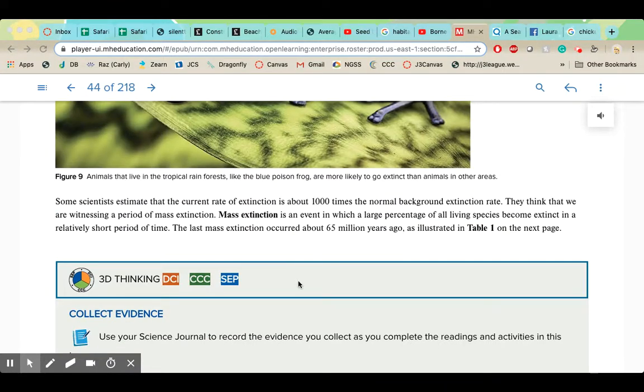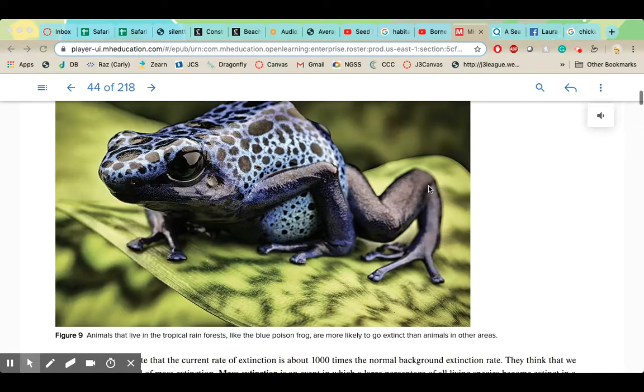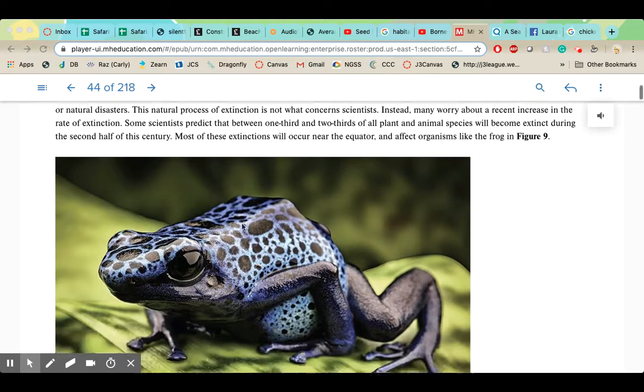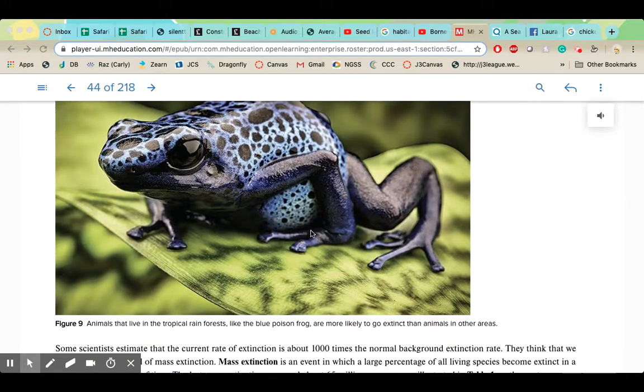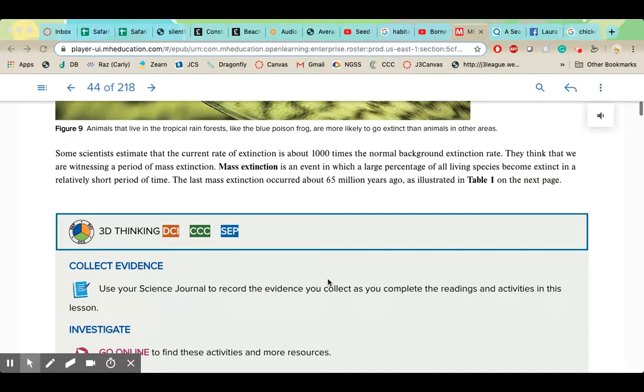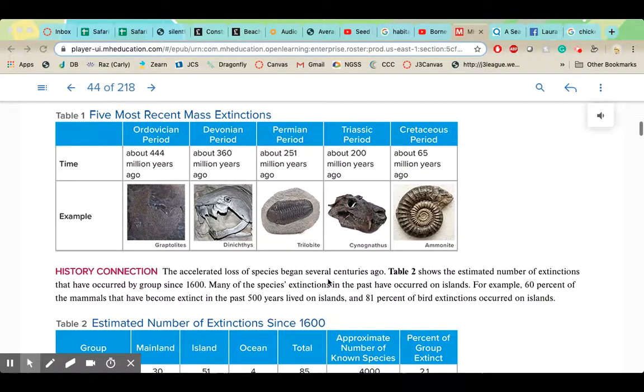A mass extinction is like right now we're at 1,000 times the normal background rate. So if species were just naturally dying off, we're 1,000 times higher than that right now, which is too high. There have been other extinctions, but these all happened because of natural causes, essentially.